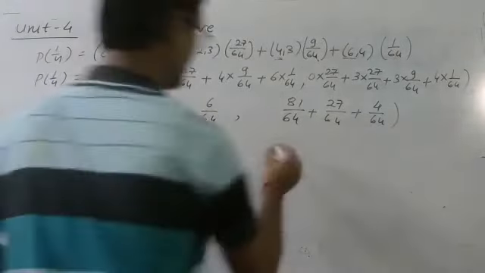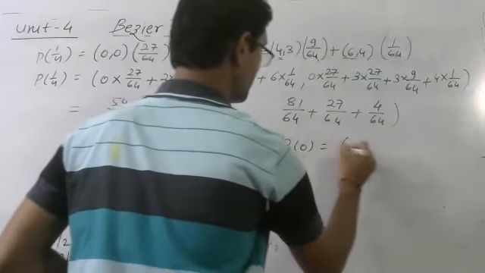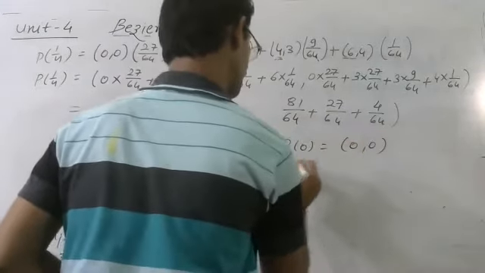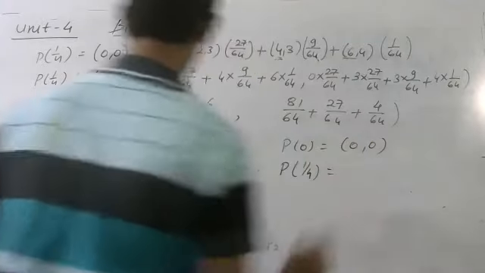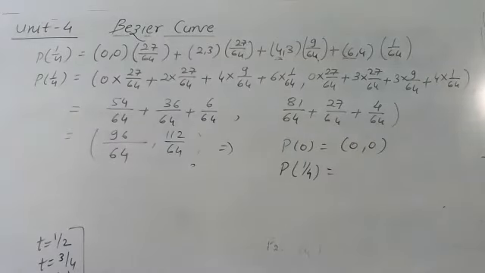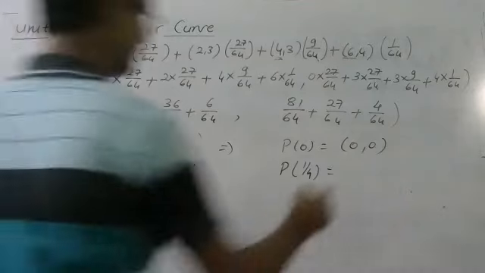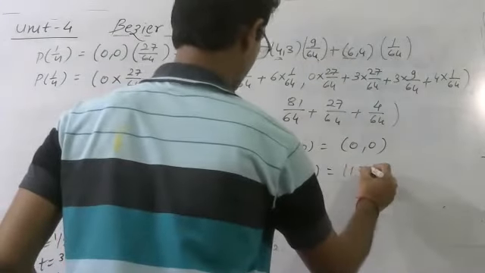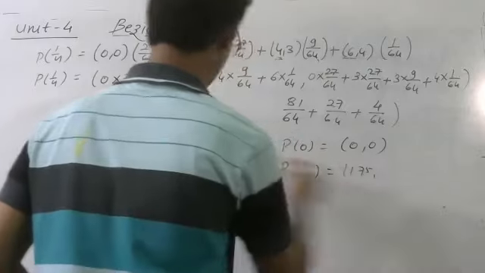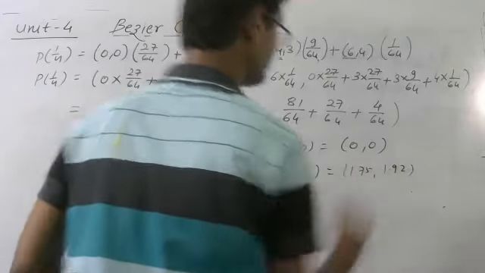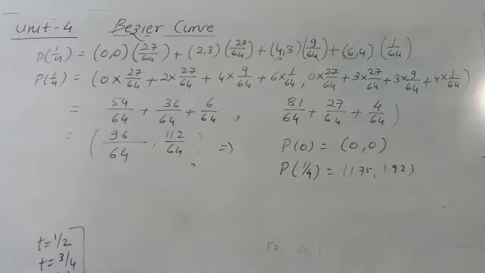The first point of the curve was (0, 0). And suppose the second point of the curve is 96/64, something like 1.75, and this is like 1.9. So this is the second point of the curve.